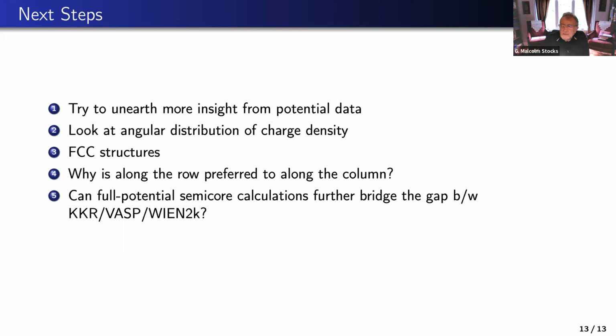Yeah, I mean, I think that's the way to do it, and I think you're precisely right that the fact that those semi-core states are not taken into account properly is probably a problem. Of course, the further down you go in a column, the bigger things are getting, right?